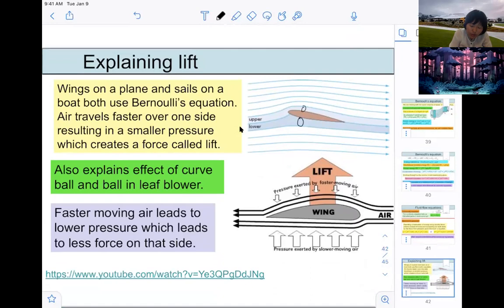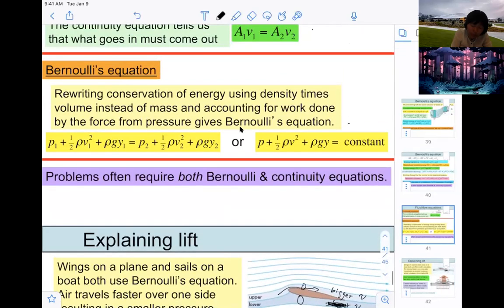So the air that's flowing on the top is going to have a bigger speed, so we have a bigger velocity. And on the bottom, you have a slower, smaller velocity. And also, according to the second equation, wherever you have a bigger velocity, you have a smaller pressure.